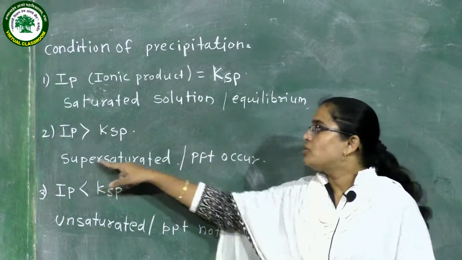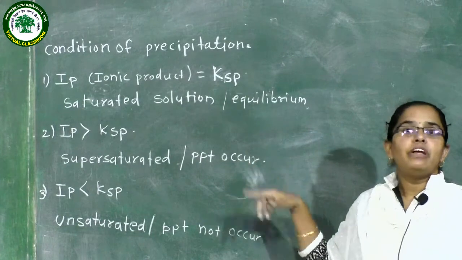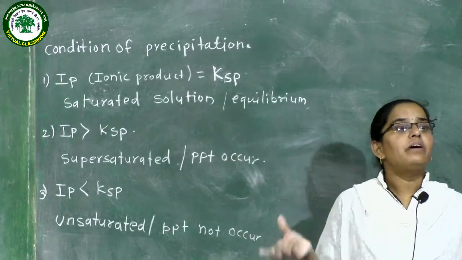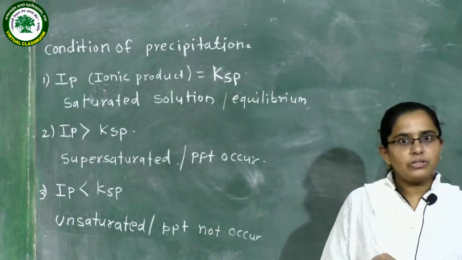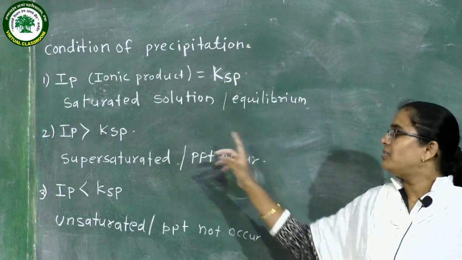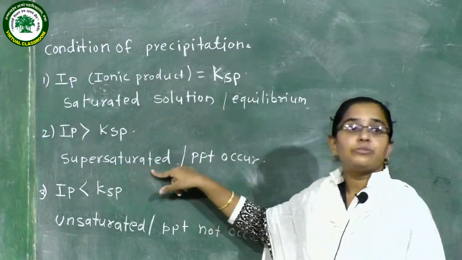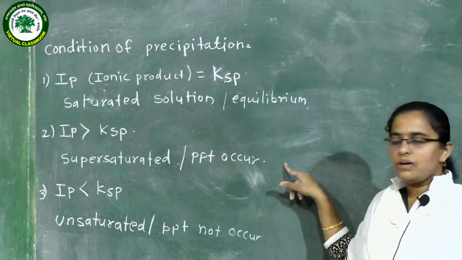At that time a super saturated solution is formed and PPT will occur. Suppose I add too much sugar to 1 cup water, the concentration of sugar is more, so a super saturated solution is formed and precipitation occurs.